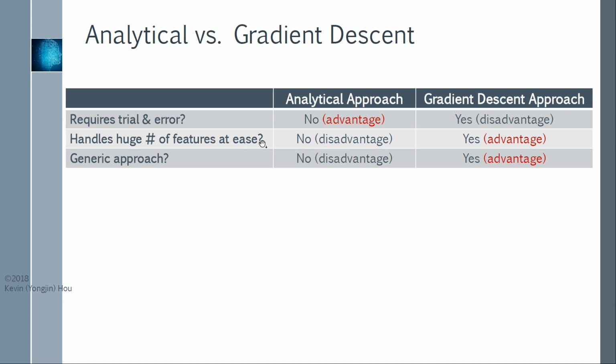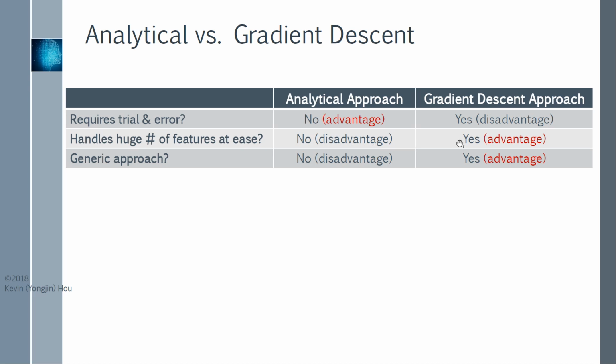Second, can this approach handle a huge number of features with ease? For the analytical approach, that's not the case, because as the number of features increases, or in our earlier notation, as k increases to a very big number, the analytical solution may take a lot of time and computing resources to compute, because the matrix inverse is a very expensive calculation.